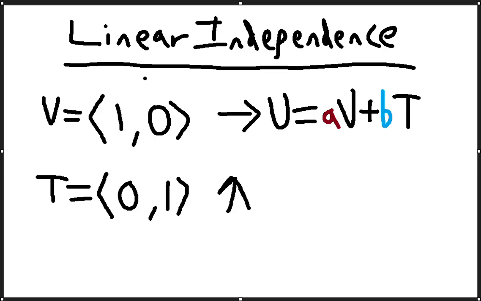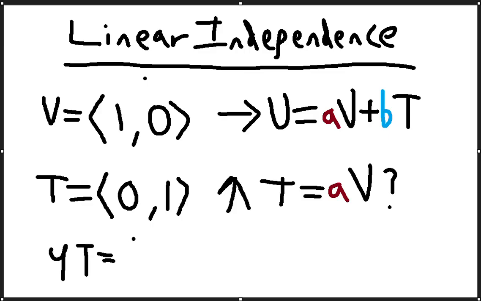But what if we can't have that? Let's say t, can we create a combination using a times v? Well, the answer would be no, because if you multiply any number, say 4 times t, that's just going to equal 0, because anything times 0 is 0.